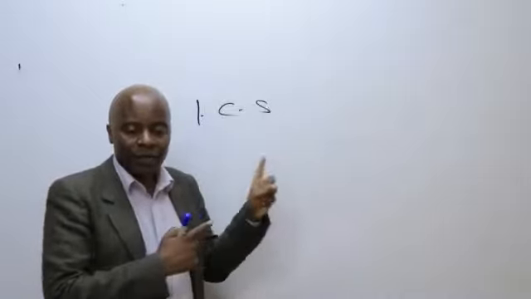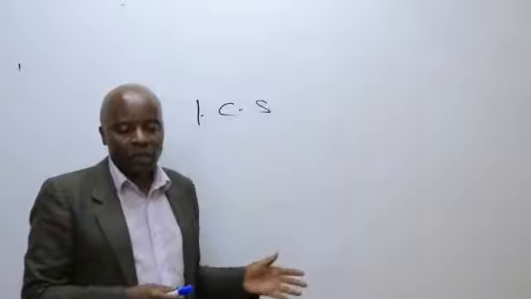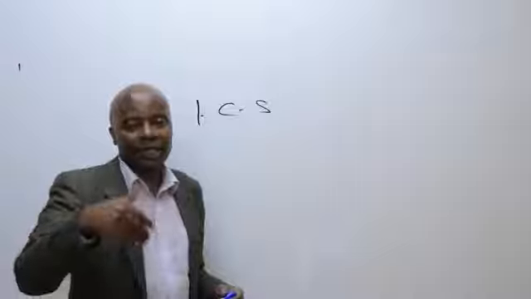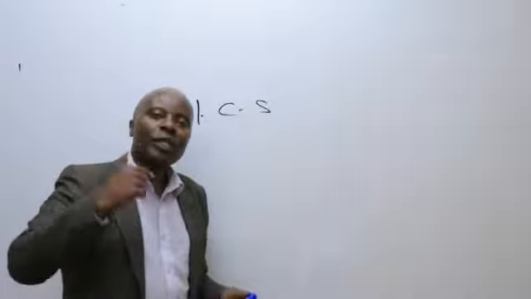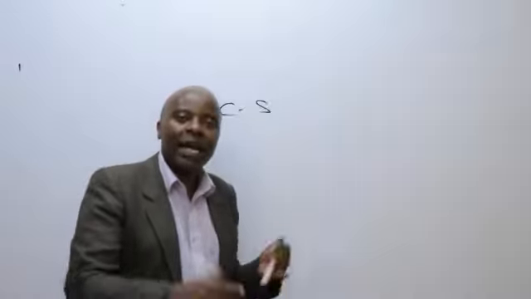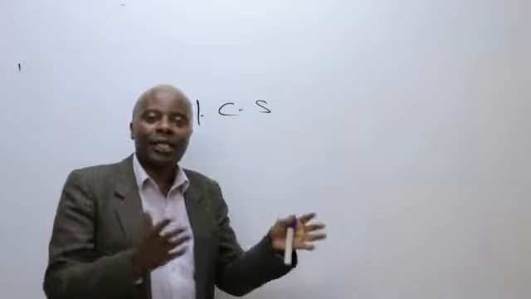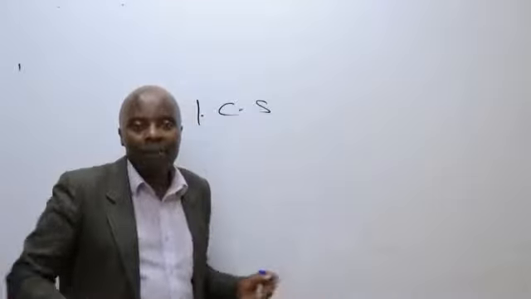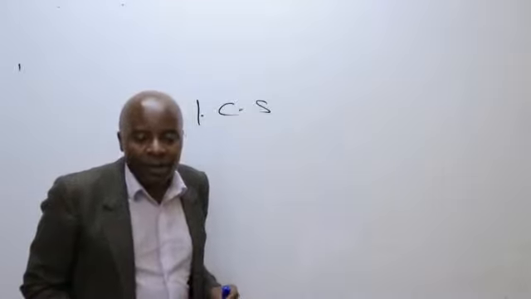This is a life skill, ladies and gentlemen. ICS, internal control system, is that particular system that we put in place to ensure that all revenues of the company are collected. Expenses that are incurred at the end of the day are expenses that were genuinely incurred by the company. Right?